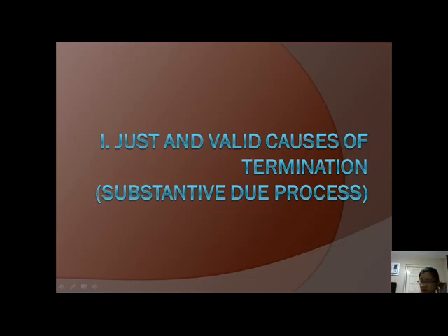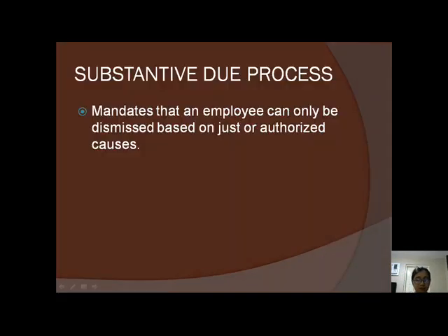Then we also have procedural due process, but we'll discuss that on a later part. So what are those just and valid causes? But before that, let's first define substantive due process. The substantive due process mandates that an employee can only be dismissed based on just or authorized causes, no?